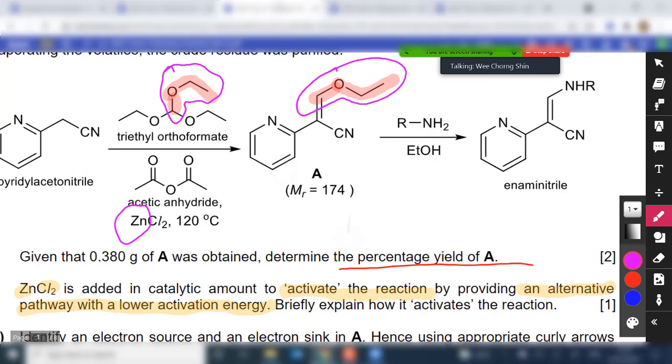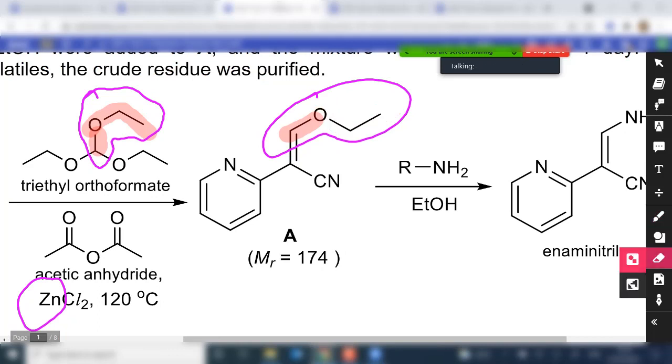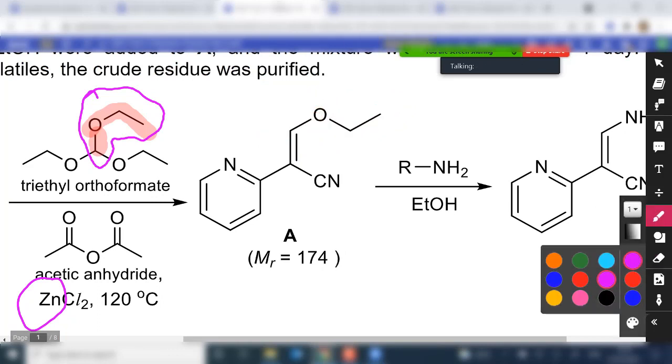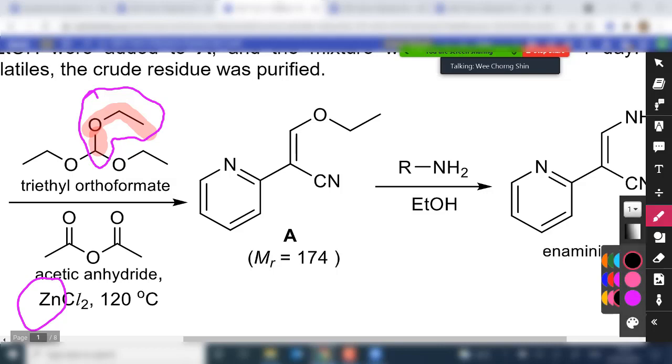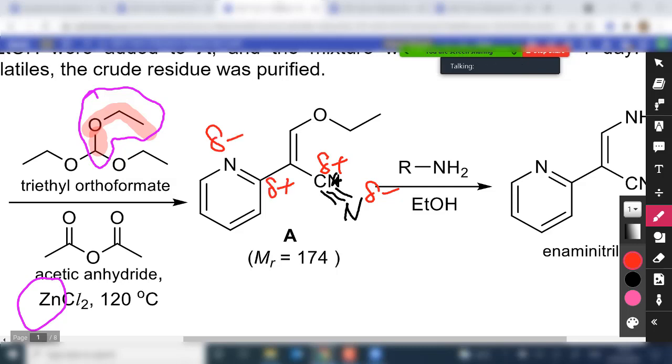If I zoom all the way in and draw this structure out as a triple bond, then you will notice that there are 2 electron withdrawing sites over here. This is a bit hidden, so most people can't tell.